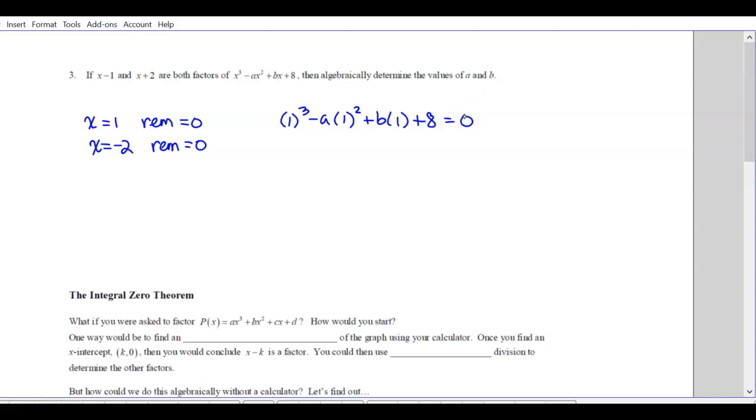Okay, that's what we know has to be true. So simplify both of those equations, and then you're going to have to solve a system.